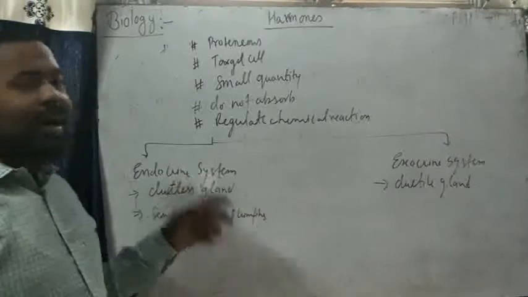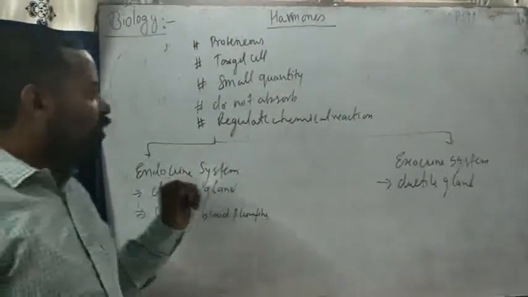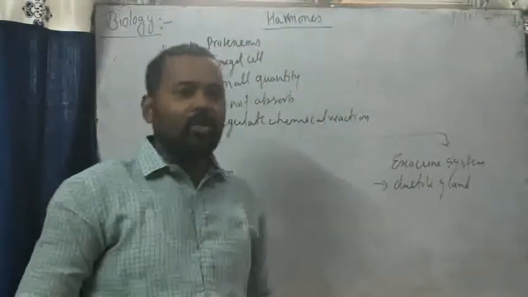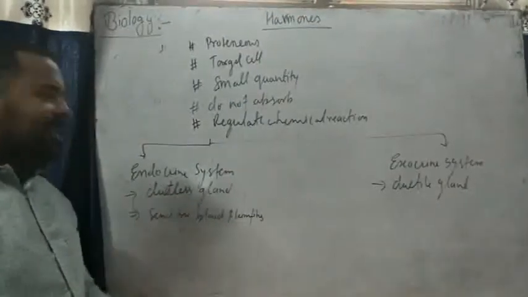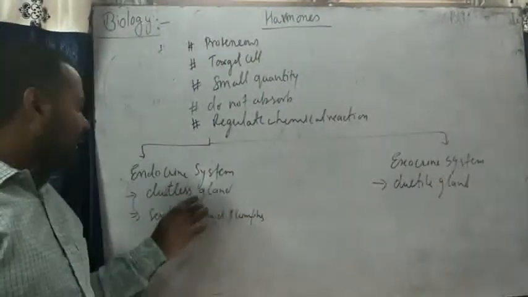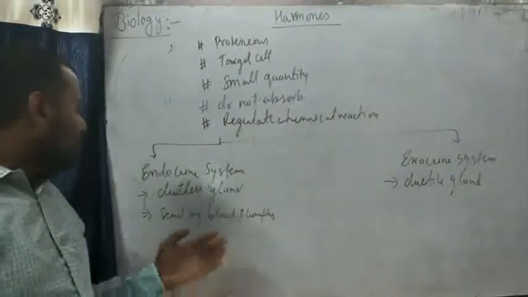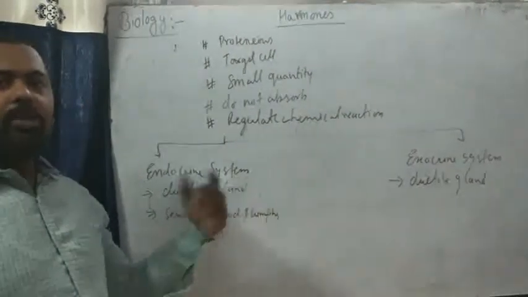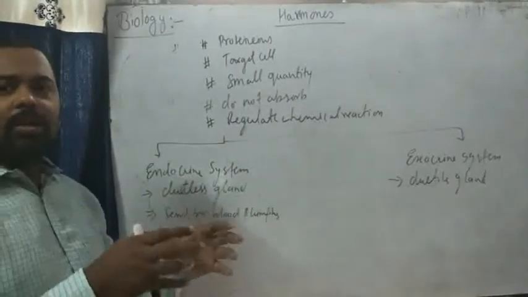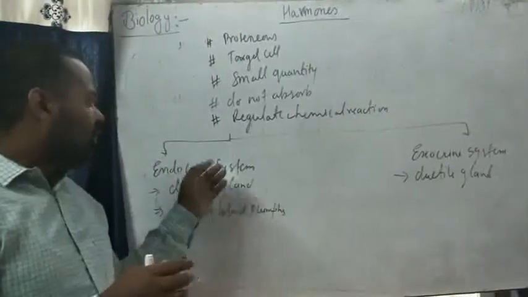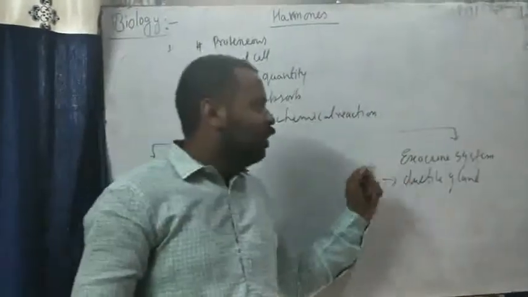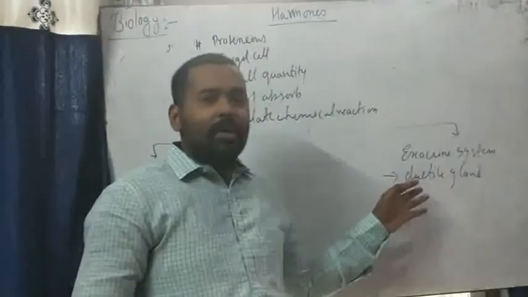In our body, two kinds of glands are there. First is the endocrine system and second is the exocrine system. The endocrine system is also known as ductless glands. It means they secrete their hormones directly into the blood, and there is no duct for secretion of these hormones. And exocrine glands are known as ducted glands.